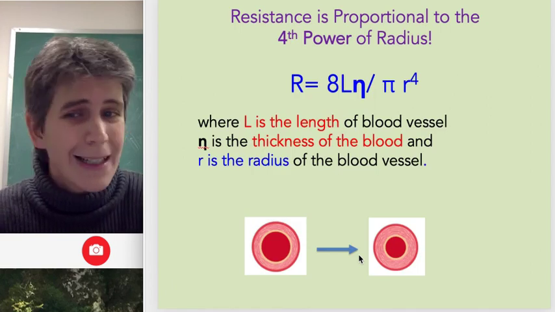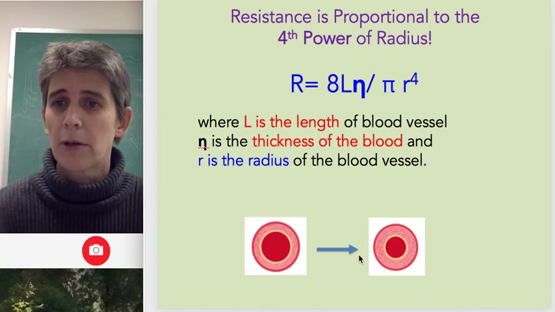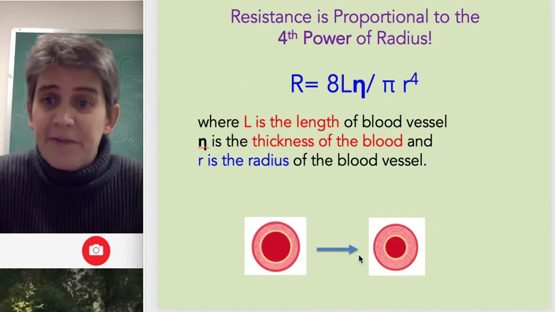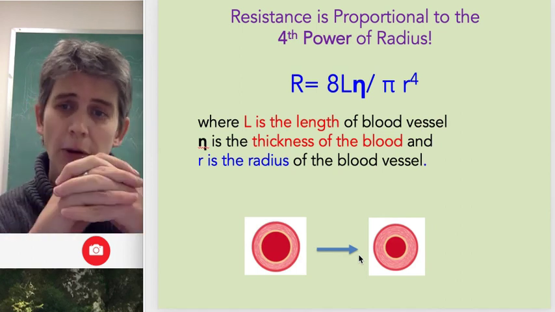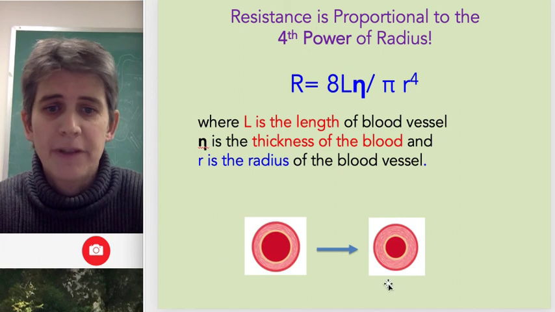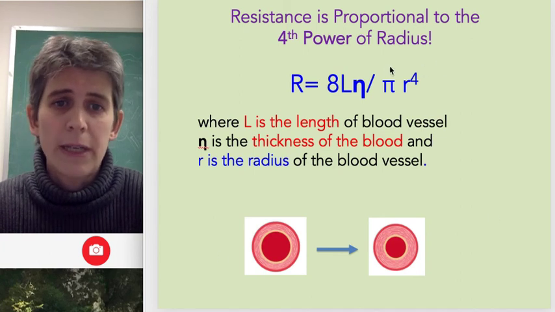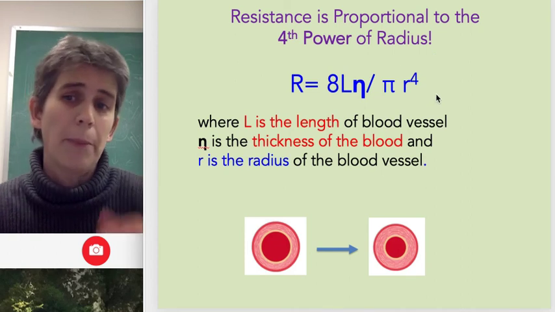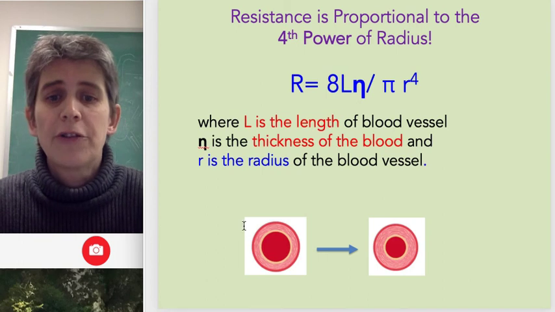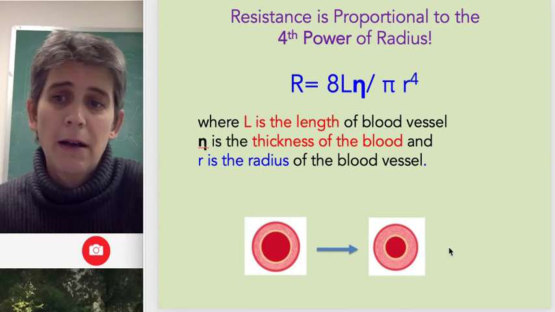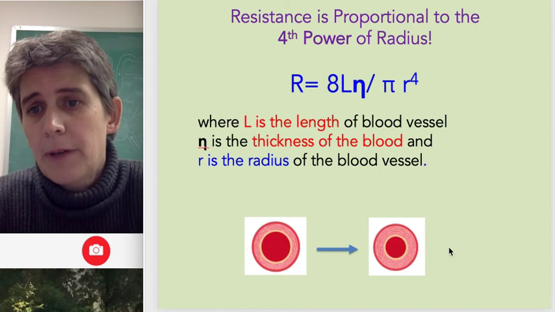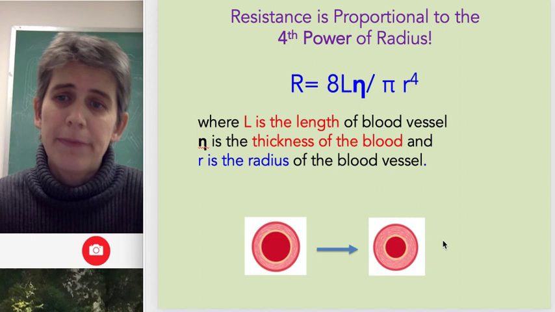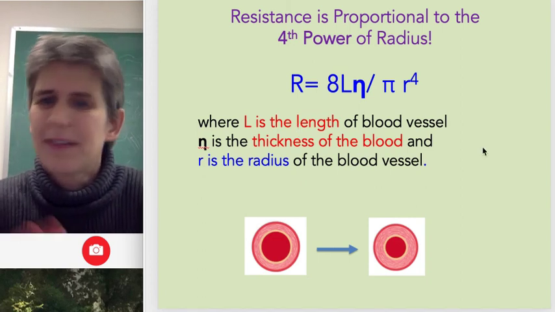Now, one of the coolest things about this is that this change in diameter does not cause a linear change in resistance. Because physics, essentially, when you take a blood vessel and you reduce its diameter by half, as I've shown on the bottom here, we can see that resistance is related to the diameter or radius of the blood vessel by the inverse fourth power. So when you decrease the radius by half, you're actually decreasing the blood flow through that vessel by 16 times. There are other things that determine resistance, but they're not things that change in the short term.